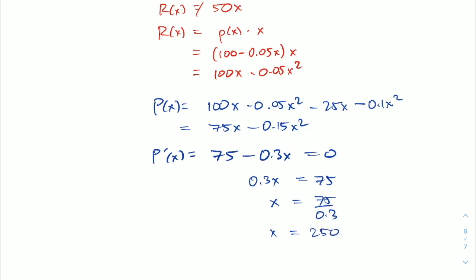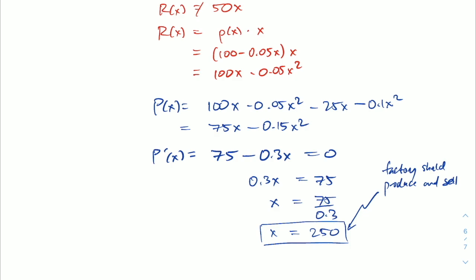So in this situation, the factory should try to sell 250. This is their goal: produce and sell 250 toasters.